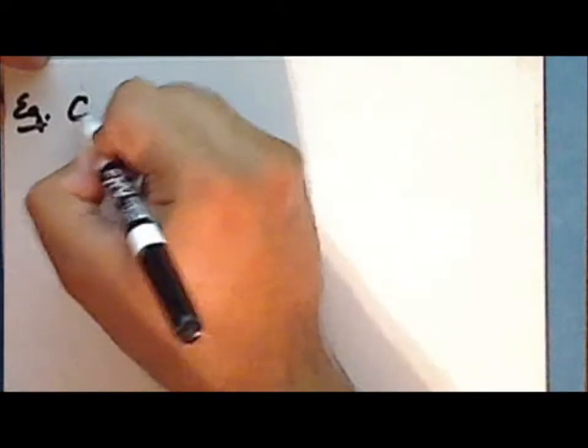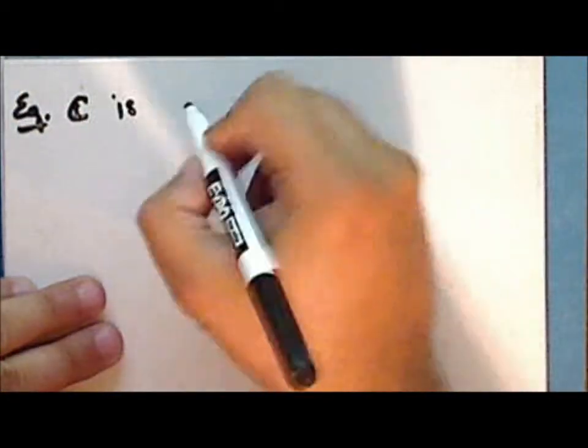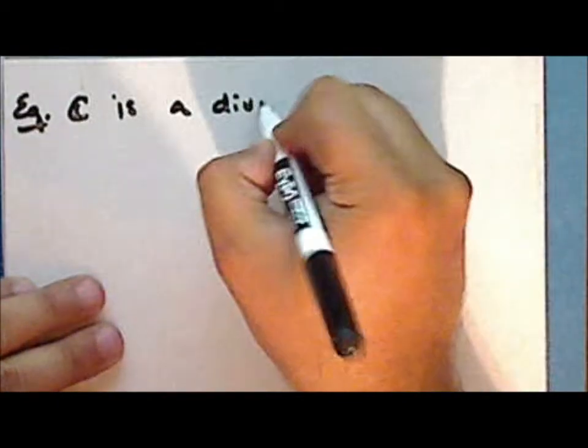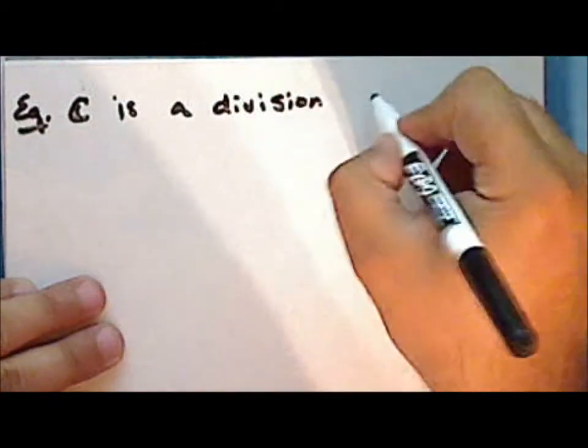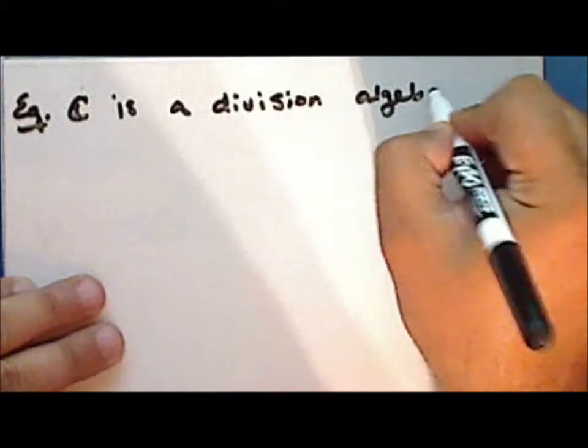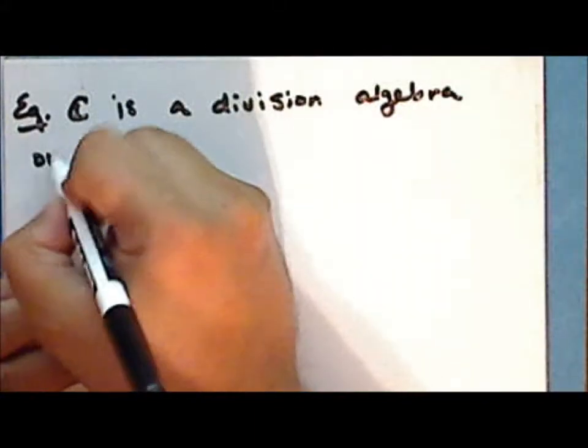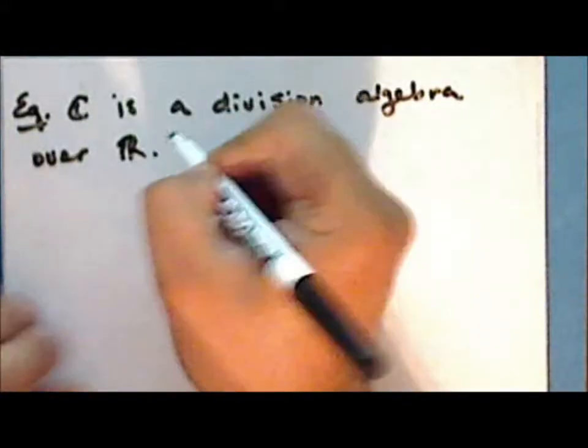So next, we will show that the complex numbers is a division algebra over the field of reals.